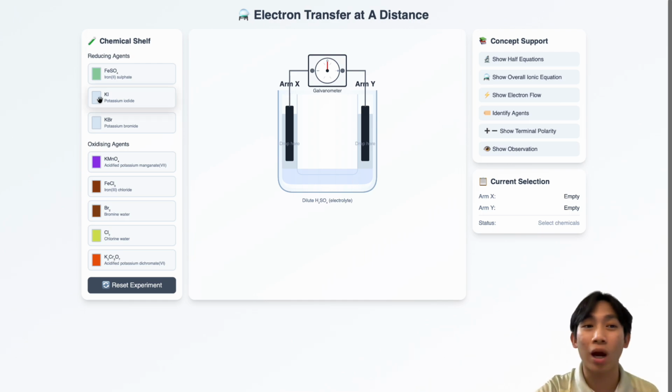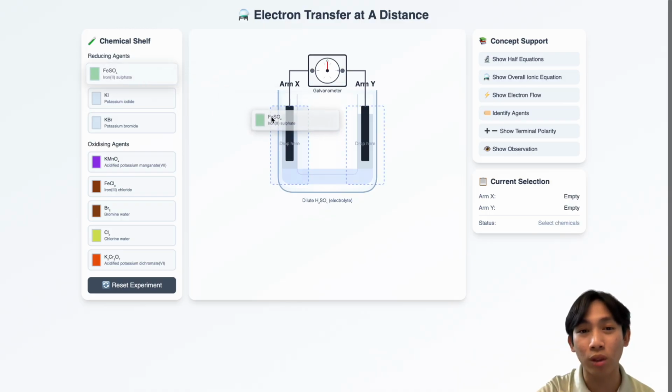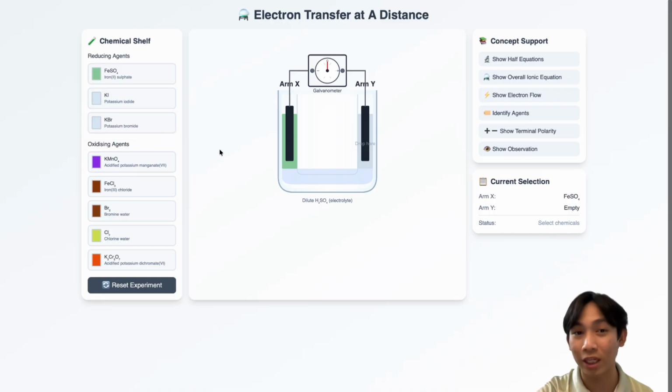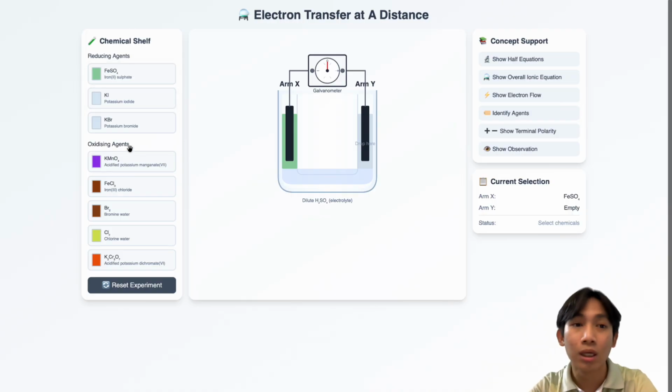Let's try with reducing agents. What if we put both arms with reducing agents? Anything happen? You can see the initial color of the iron 2 sulfate is green, or pale green, because of the presence of the iron 2 ion, Fe2+.